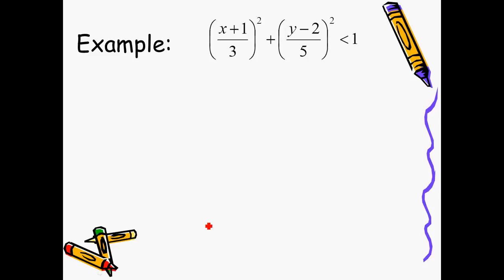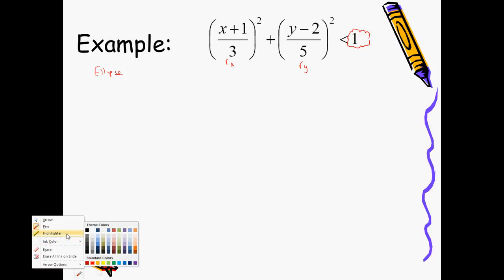So let's try this one. We don't have to do algebra with this. This is already in graphing form. Rx and Ry are different, and I have a 1 over here. Therefore, I'm dealing with an ellipse. I also have an inequality.